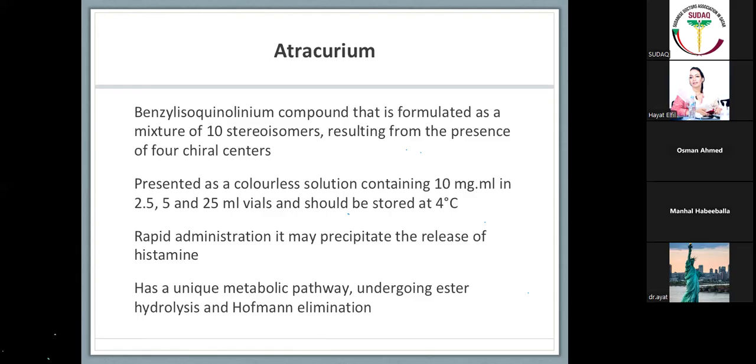You have pros and cons for each of the muscle relaxants, and you have to tailor it to your patient's condition. If you have a clinical scenario to choose between atracurium and rocuronium, then you have to balance it with the condition of the patient.